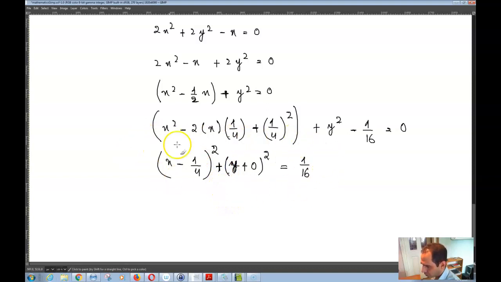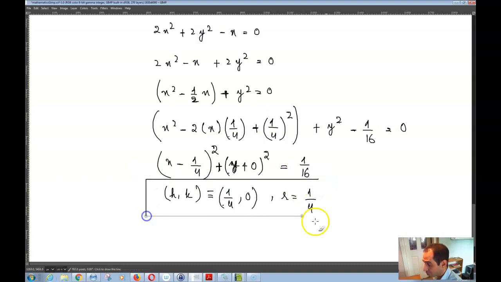So now you have the equation of a circle. Your h comma k is equal to positive 1/4 comma 0, and your radius is equal to the square root of 1/16, which is equal to 1/4. That is your solution here. So 1/4 comma 0, and the radius is 1/4. That's actually an interesting way to solve the problem.